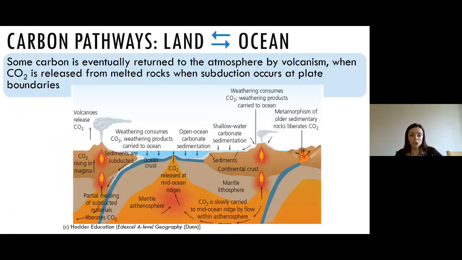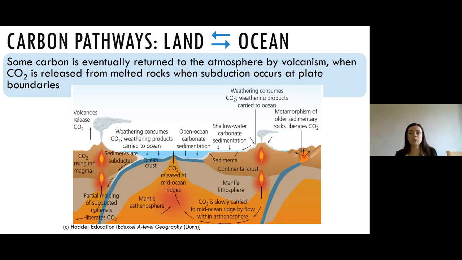Right. Oceanic crust containing sedimentary rock. Okay, we're now having our tectonic thinking hats on. So oceanic crust containing sedimentary rock, which is full of carbon, as we've just seen, due to compressed marine organism shells, is subducted, causing the crust to melt and form magma.